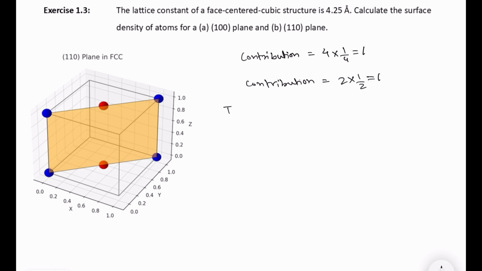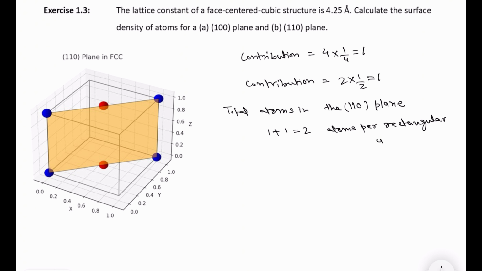So, the total atoms in the 110 plane is 1 plus 1 equals 2 atoms per rectangular unit area.